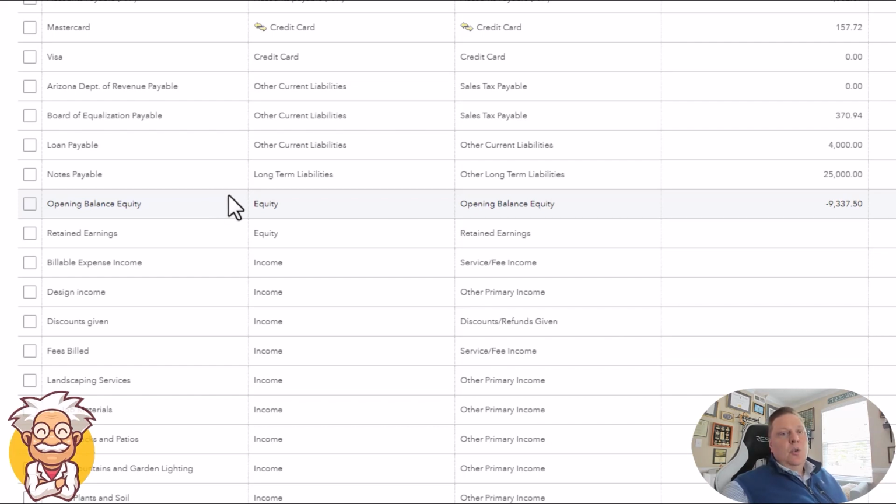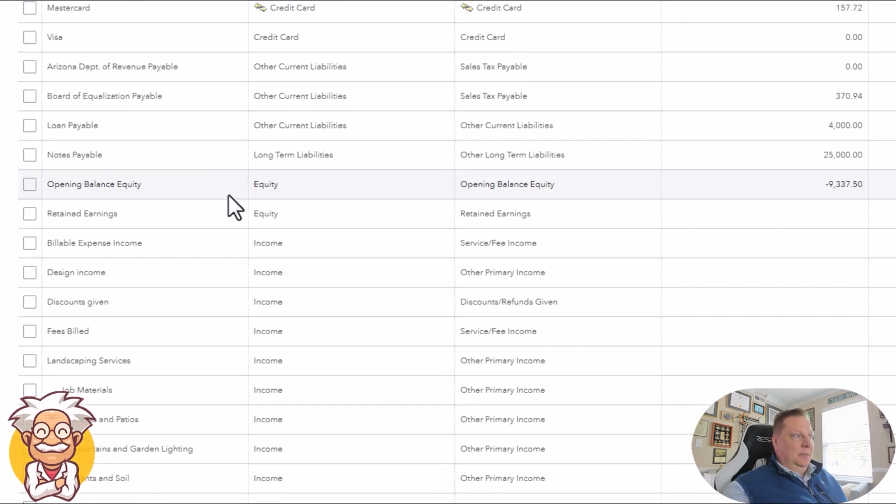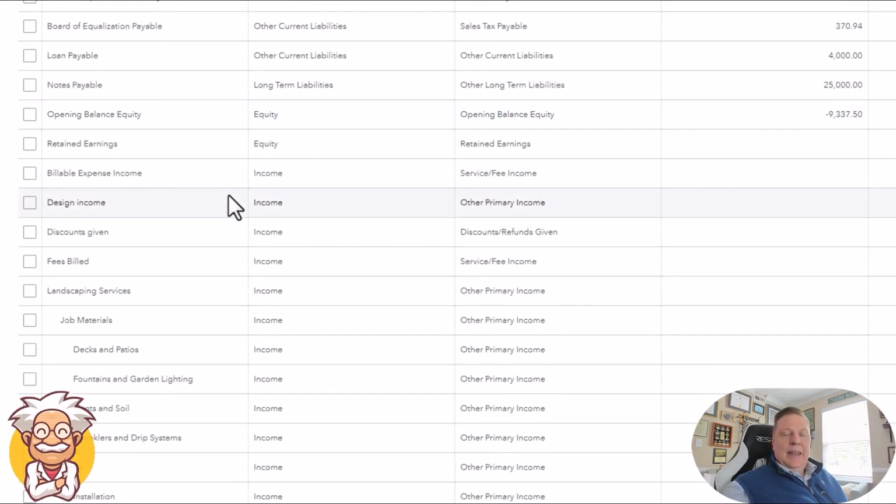Then we move on to our equity line items. And again, equity line items could be set up based on the type of entity you are, whether you're a corporation, a partnership, maybe a sole proprietorship. These equity accounts can be set up specifically for that.